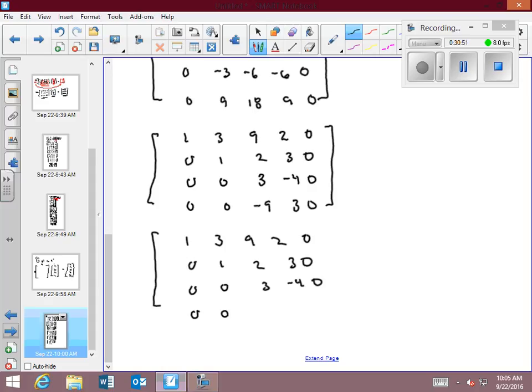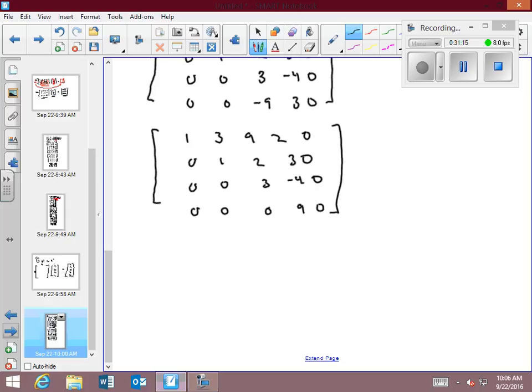So now I'm multiplying that third row by minus 3. Twelve, 8, no, 12, 9, isn't it? I sure don't like that thing's going to be a fraction.